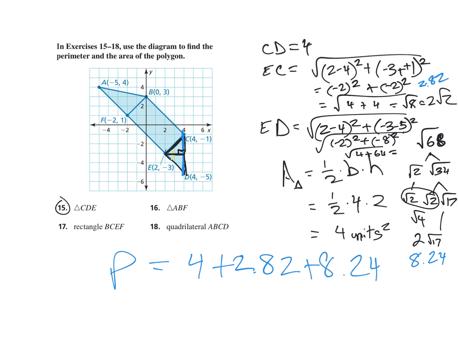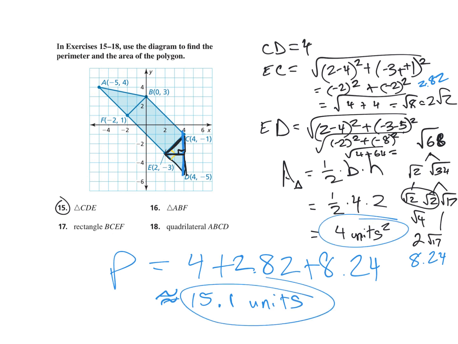We add all those together. Let's see here, 2 and 4. I get 15.1 approximately. So we use our approximation symbol, 15.1 units. All right, so we have our units, and we also have our perimeter, and we also have our area.